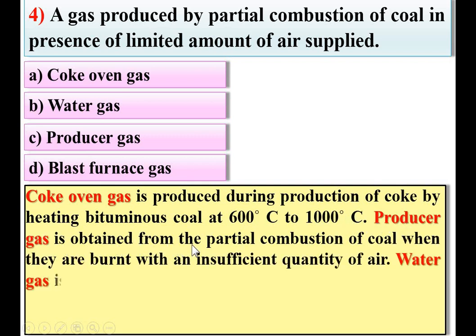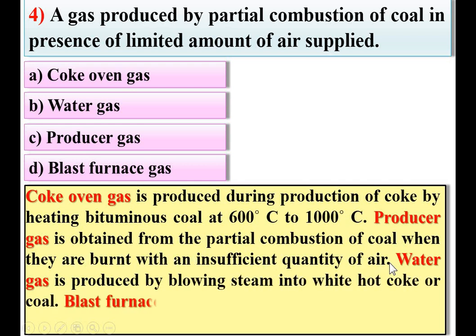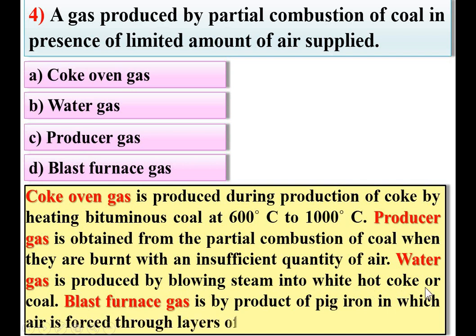Producer gas is obtained from the partial combustion of coal when it is burned with an insufficient quantity of air. Water gas is produced by blowing steam into white hot coke or coal. Blast furnace gas is a byproduct of pig iron production, in which air is forced through layers of iron ore in a blast furnace. So this is a summary of all these types of gases.